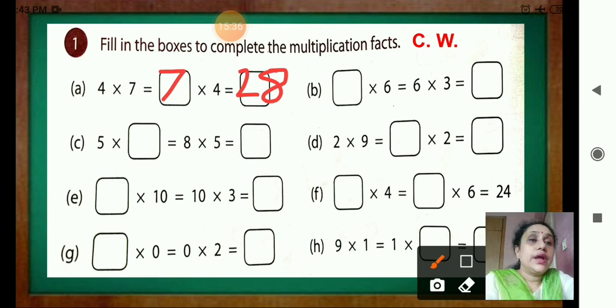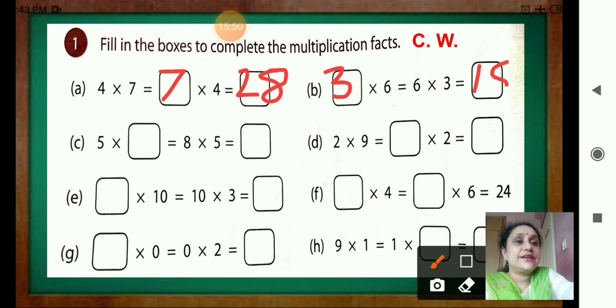Okay. Now B, see, blank space multiplied by 6 equal to 6 threes are. So what will you write here? 3 6 are, then 6 threes are 18. Start writing. Now C, 5 multiplied by, and look at the other side, 8 fives are.